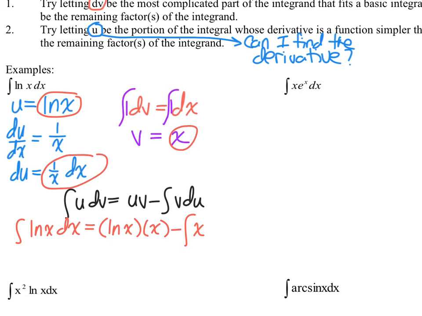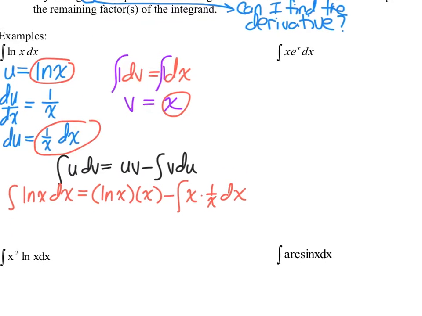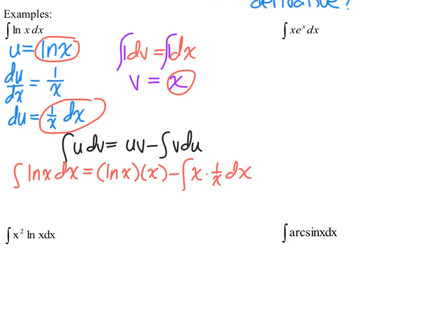Du is 1 over x dx. Clean it up a little bit. So we have x ln x minus the integral of 1 dx. And so we get x ln x minus x plus c.